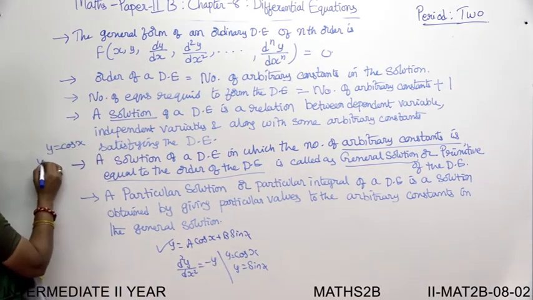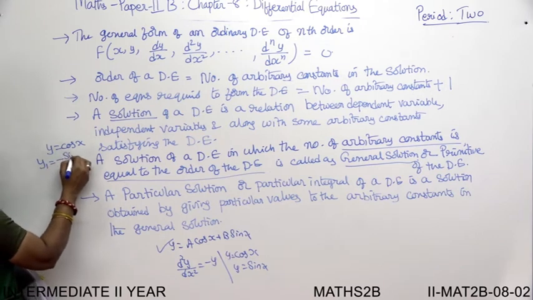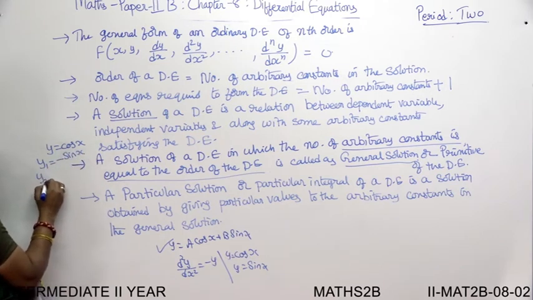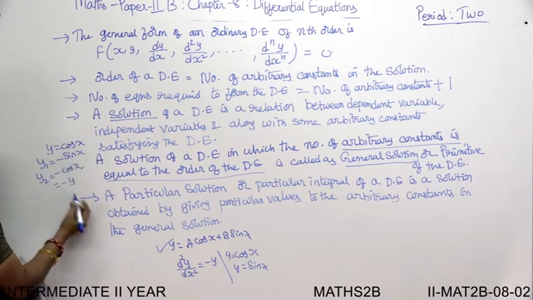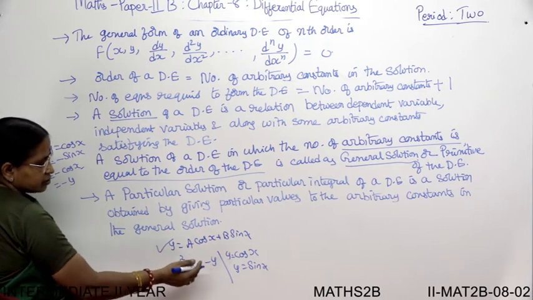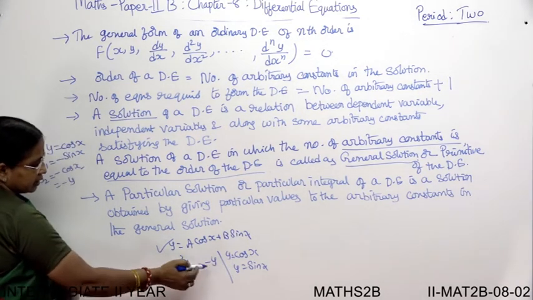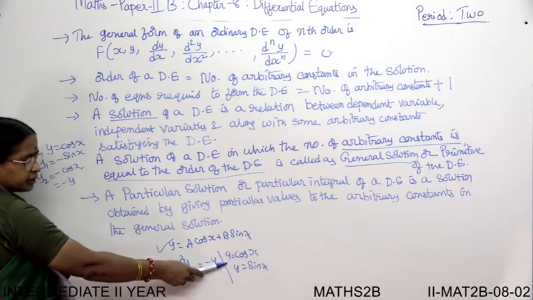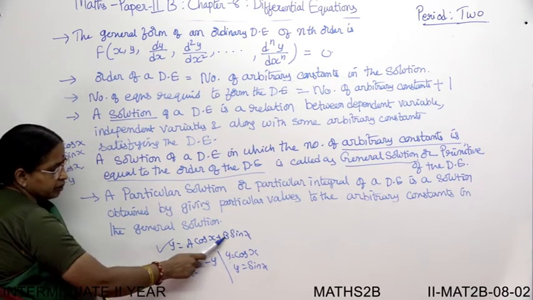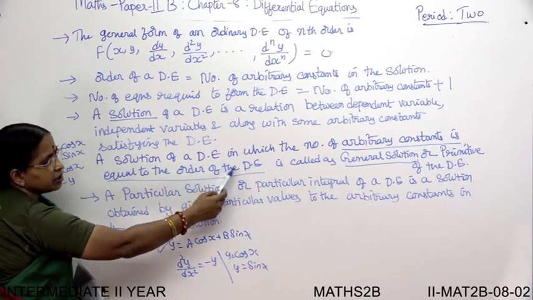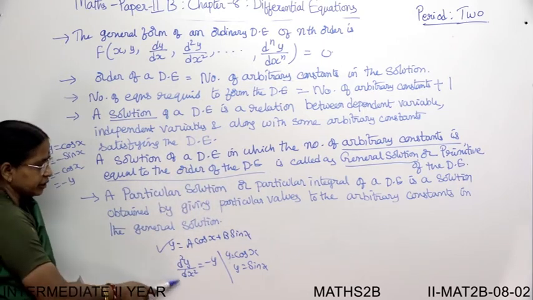Then y1 is equal to minus sin x, and y2 is equal to minus cos x. Minus cos x means minus y. So y2 is equal to minus y, it satisfies. So y is equal to cos x and y is equal to sin x are two separate solutions of this equation. When you combine them with arbitrary constants, that becomes the general solution of the differential equation.